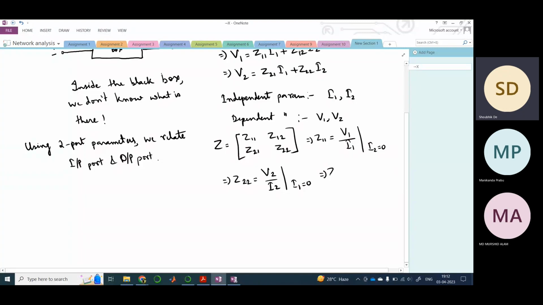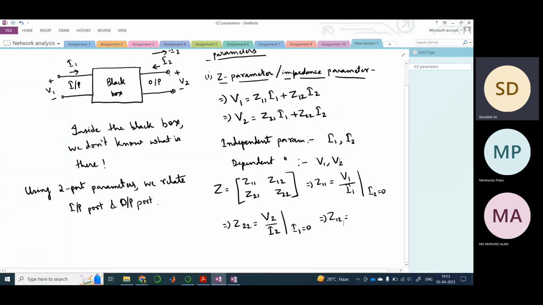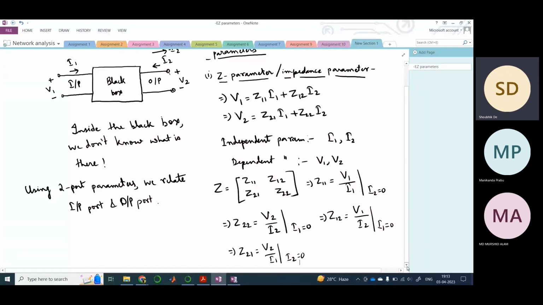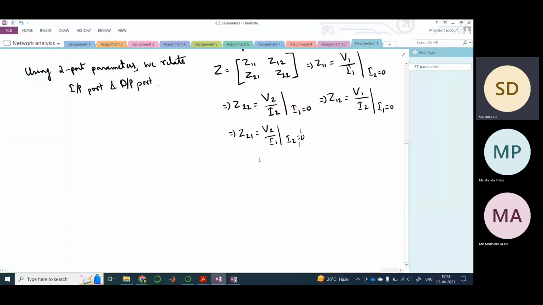Similarly, Z12 is V1 by I2 when I1 is 0, and Z21 would be V2 by I1 when I2 is 0. So using these conditions, you can determine the value of these parameters.